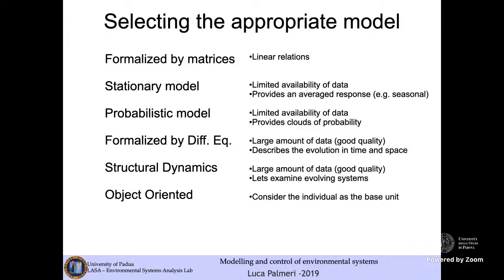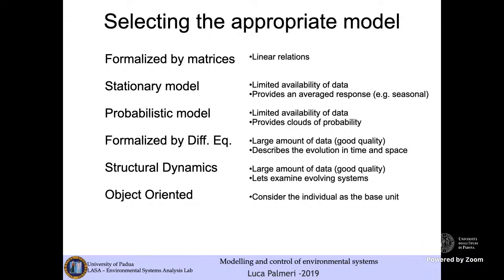Then you may ask yourself if your model is to be formalized by differential equations. And this, we are going to a more deterministic, reductionistic approach of description of the systems. So if I need to include differential equations, this means that I want to describe spatial and time evolution of the system.